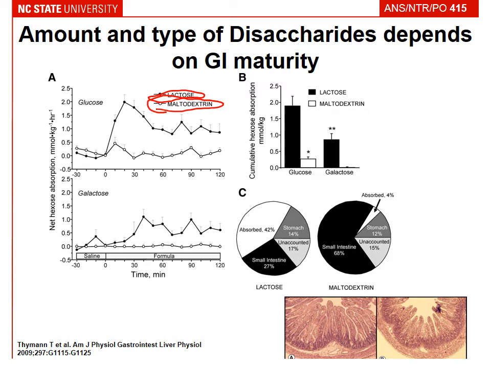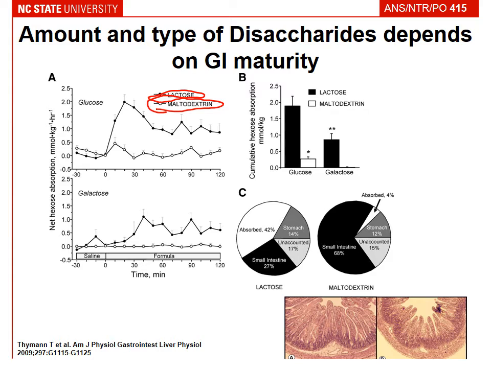So you can see that the animals that were provided lactose, right when they were given the diet, right away have a significant amount of absorption of both glucose and galactose. And that's because lactose is made up of glucose and galactose.